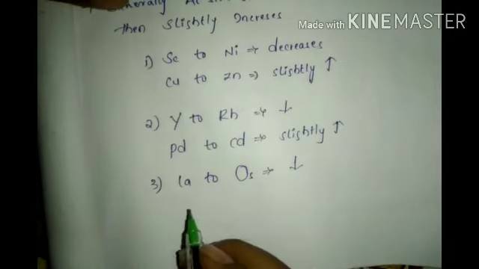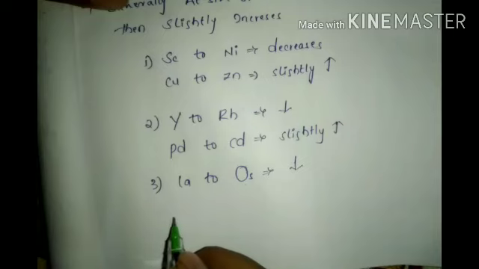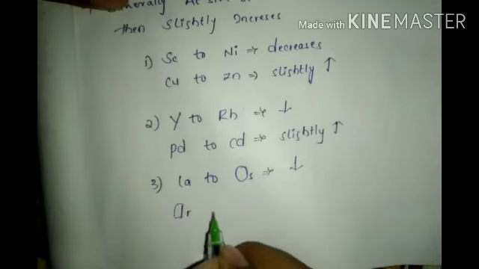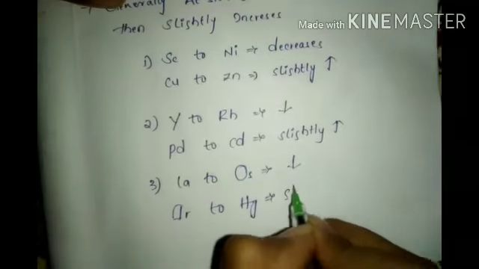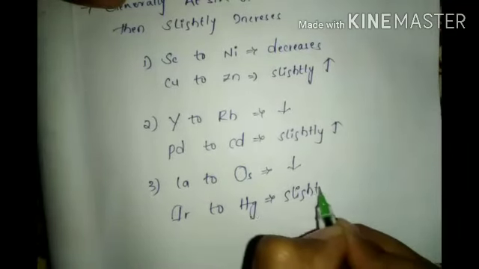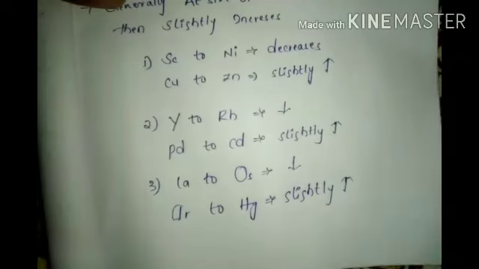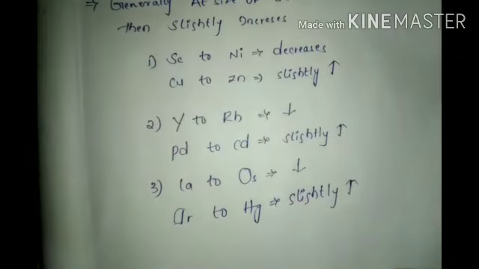Then iridium to mercury, it slightly increases. This is common in the d block series.